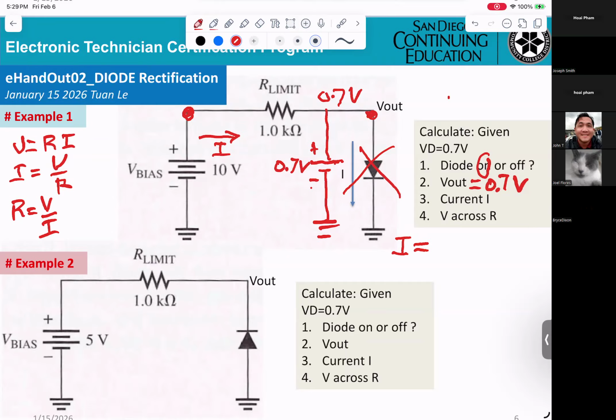So I will equal 10 volts minus 0.7 volt divided by 1 kilo ohm. Equals what?